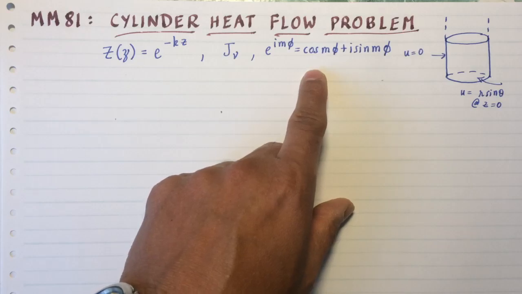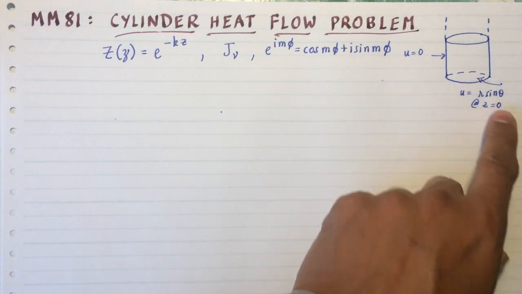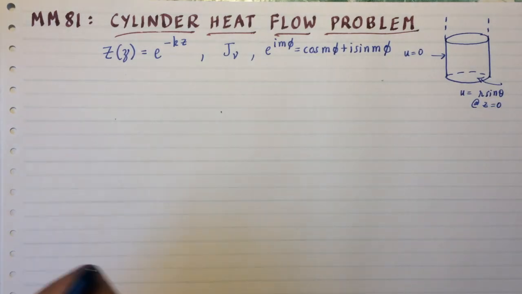And a linear combination of cosine m phi and sine m phi. I used phi in the previous example. I'm using theta in this example, so I'm going to make that modification.